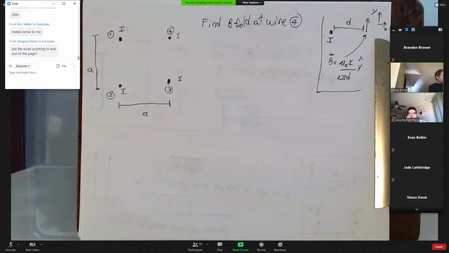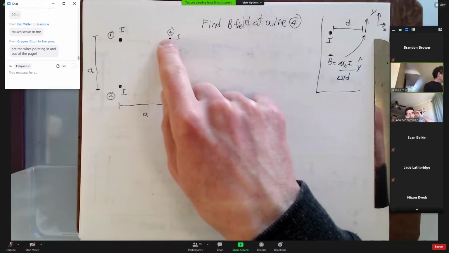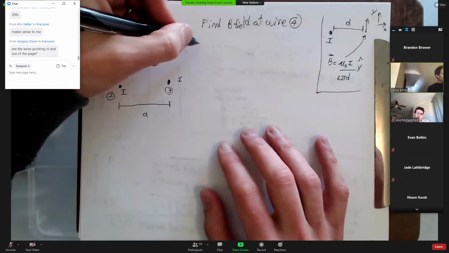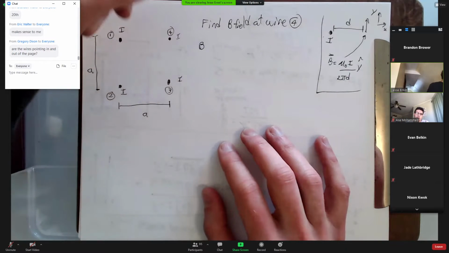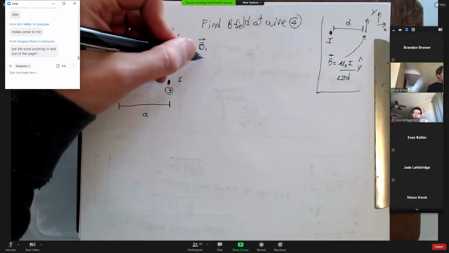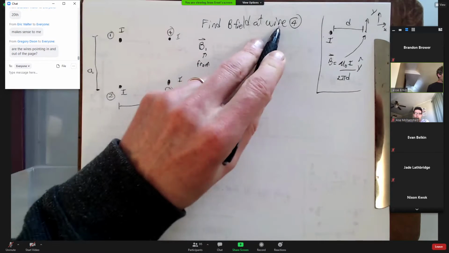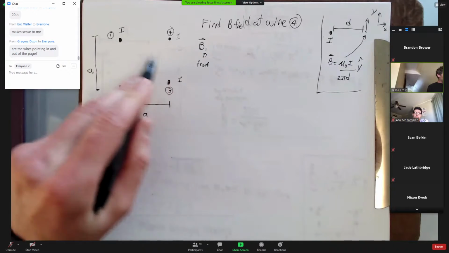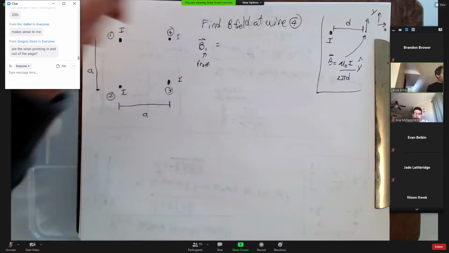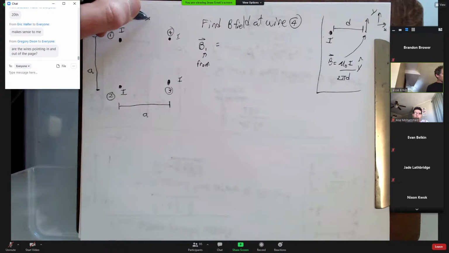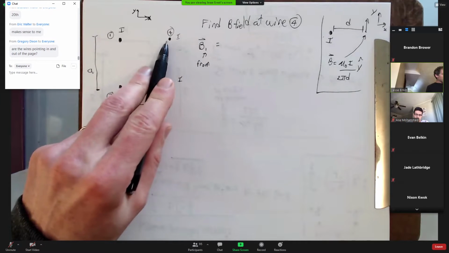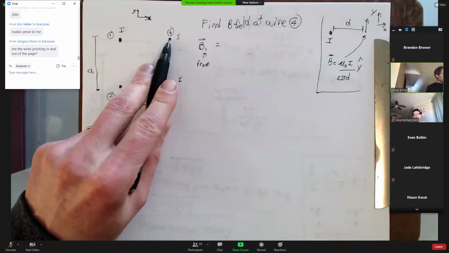Okay, so let's find the B field here. So we're going to do the same thing we did before. So the B field, let's call it the B field from wire 1. So B sub 1 means the B field at wire 4 from wire 1. All right, let's call this the X direction and this the Y direction. So you take a second and on your own page, write down what the B field at this wire is from this wire.